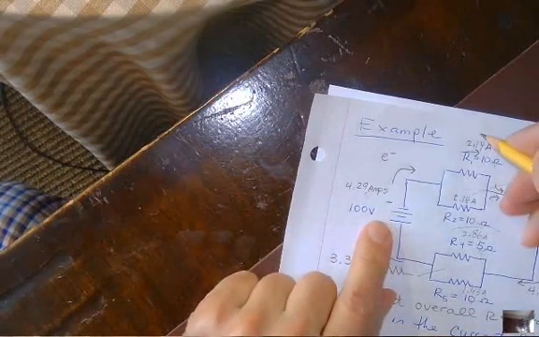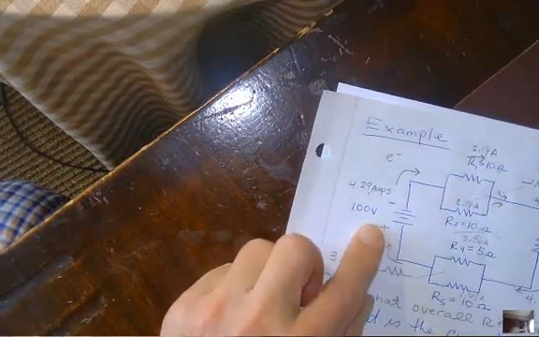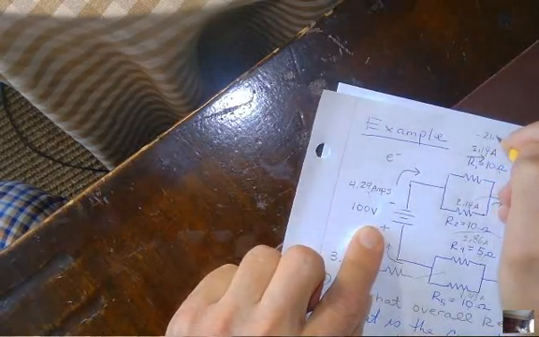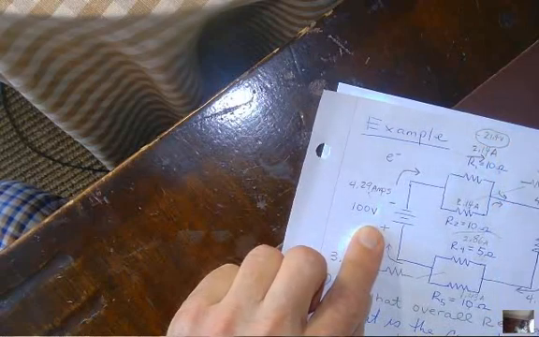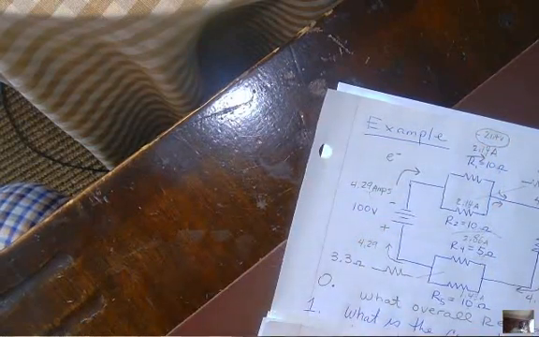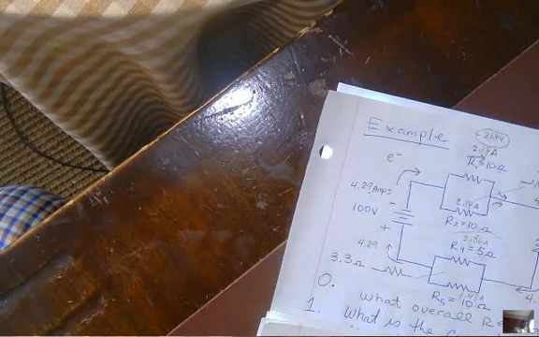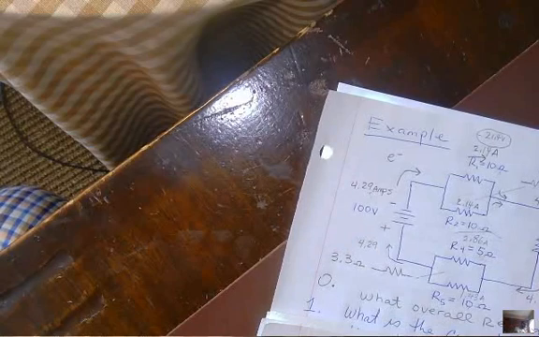So if I go all the way around the top, what's my voltage drop across here? I have 100. How much do I drop when I go across the first one? I go down 21.4 volts if I go this way. Number 3, I go down 64.4 volts. I'll circle those.